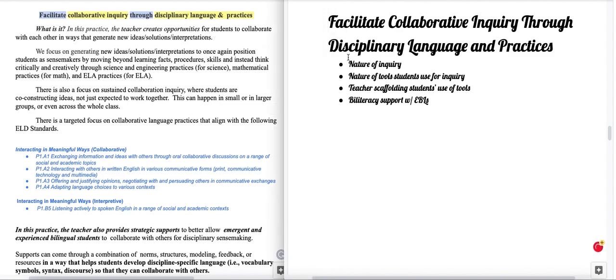We're looking at the nature of inquiry. In order to see evidence of this practice, we're going to need to see some kind of inquiry that the students are engaged in.